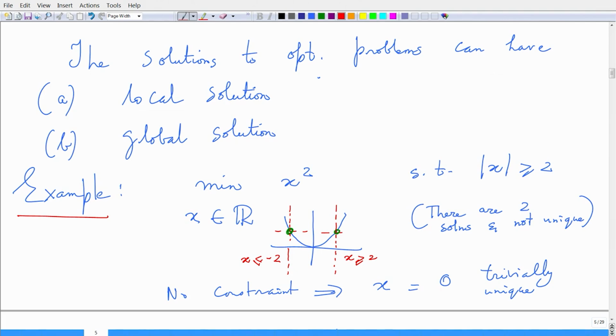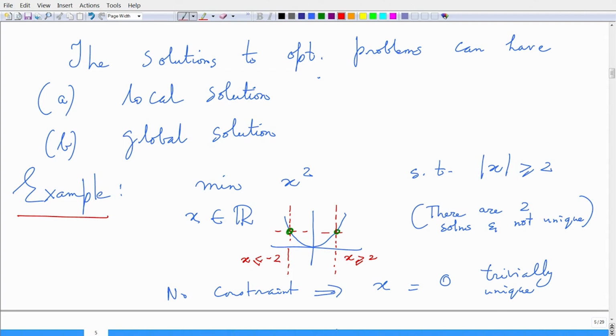Suppose I consider this parabola, y equals x square, and I want to figure out the minimum value. x can be positive or negative, but x square is always positive over the real line. x square has a minimum value and that occurs at the point x equals 0.